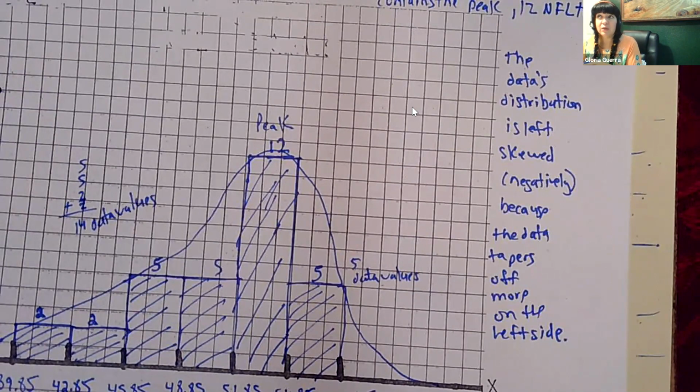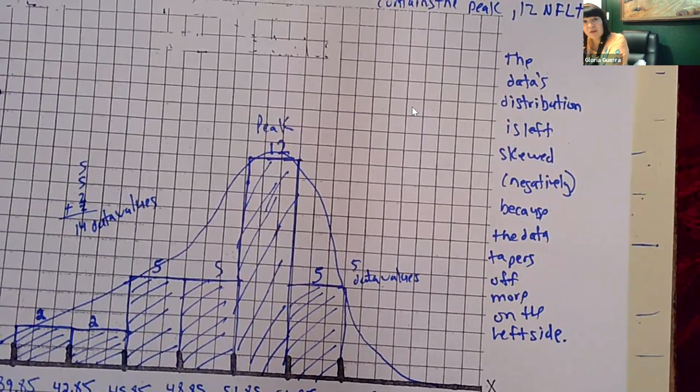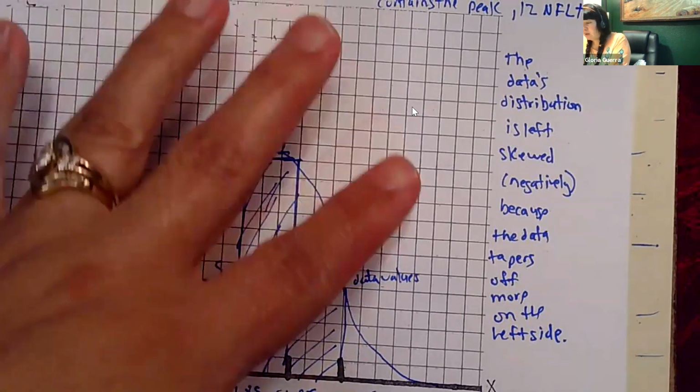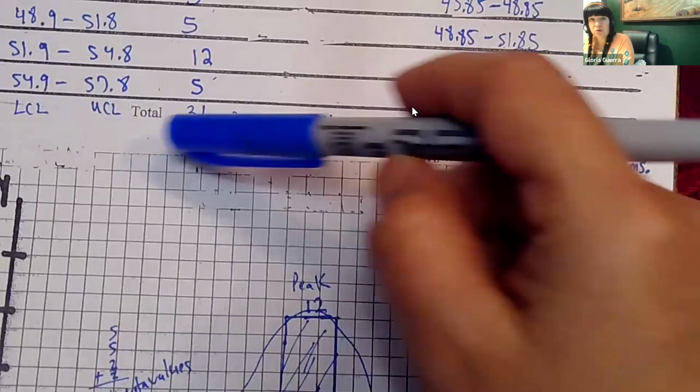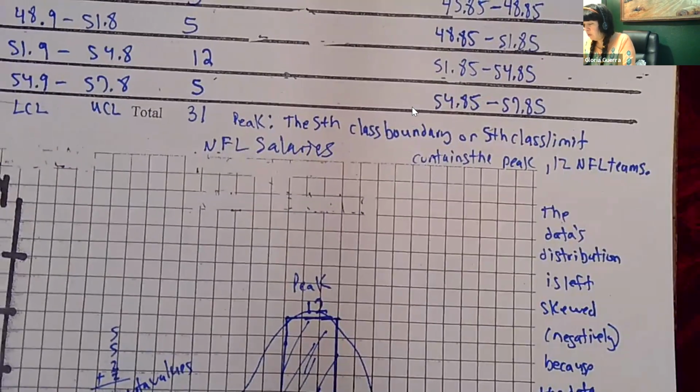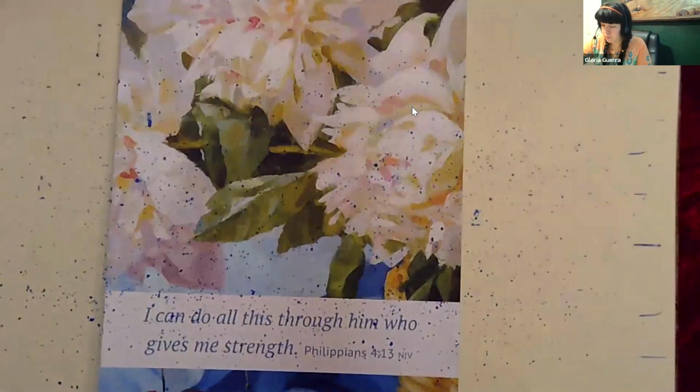I do have it set up where you can print your homework. It just takes up a lot of paper, but you could print that if you didn't want to be glued to a computer, and then go sit down and work on that, and then go back and put those in. So that's an idea. That's why I had those sheets there. That's why I left them generic and blank. So you would put in your own class limits and your class boundaries. But you could also make your own table for that as well.